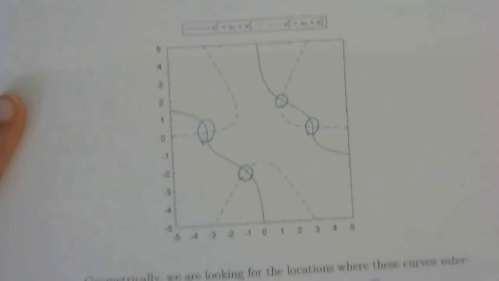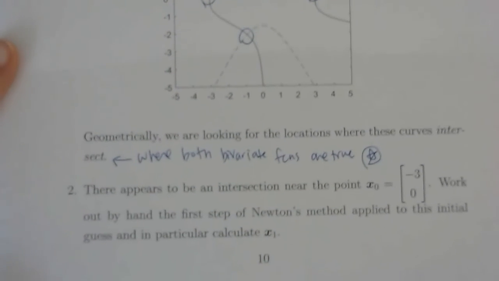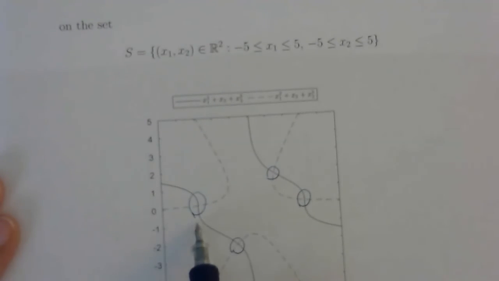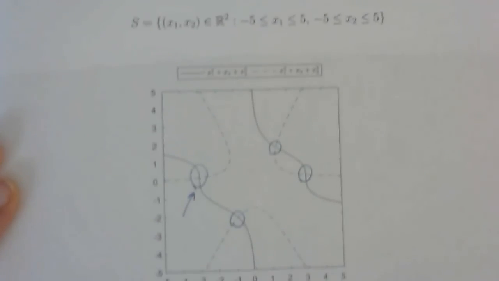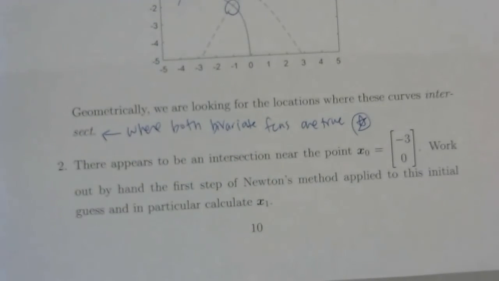Okay, so let's just start. We'll do it by hand and then we'll do it in MATLAB. So step 2 says there appears to be an intersection near -3, 0. Yeah, this one here, right? Work out by hand the first step of Newton's method applied to this initial guess, and in particular, calculate x1. Okay, so let's work that out.